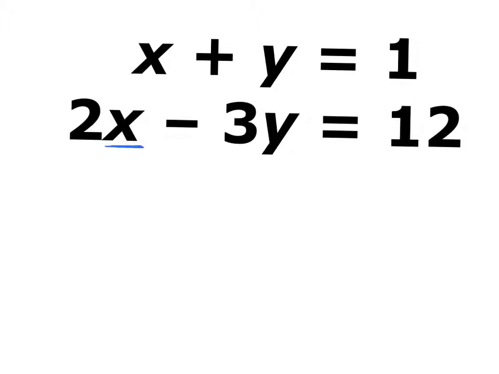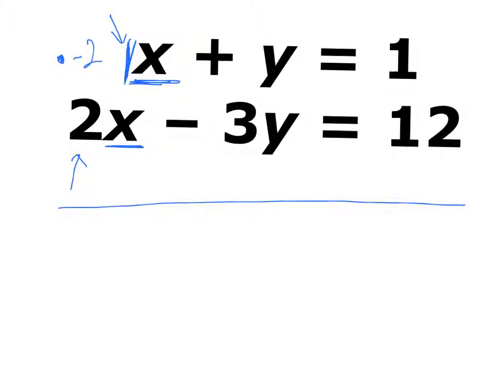I want one of my coefficients to be 2, and I want one of my coefficients to be -2. But on this occasion, my coefficient's only 1. So what would I multiply 1 by to get -2? Well, -2 times 1 would give us -2, so we're going to multiply this entire row by -2.